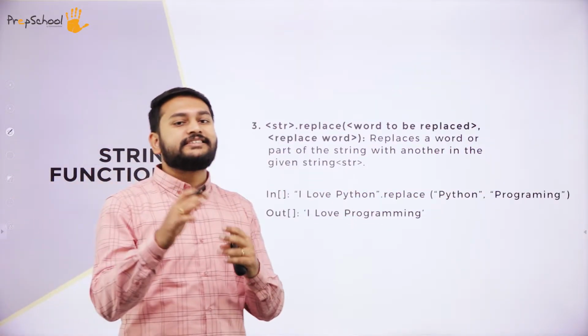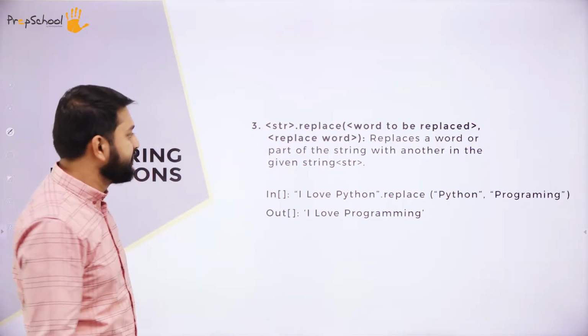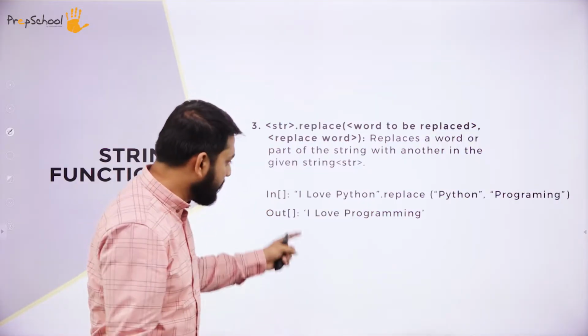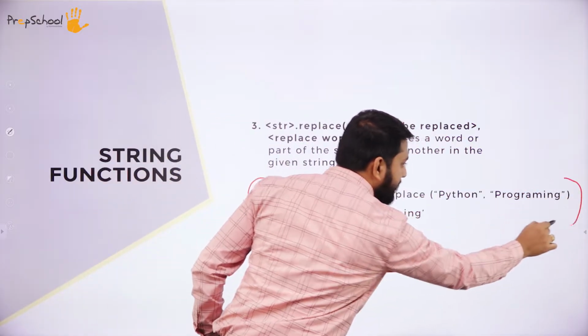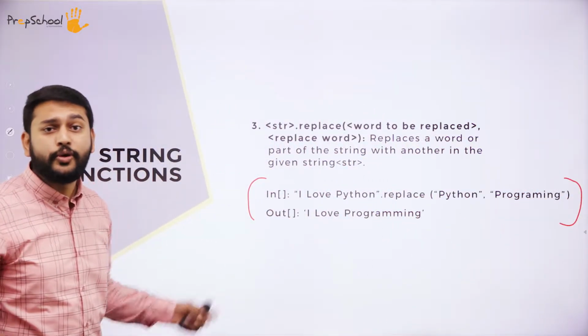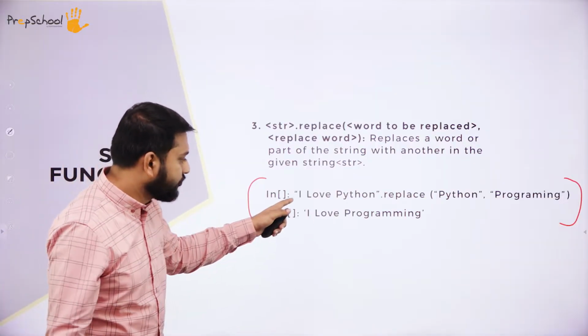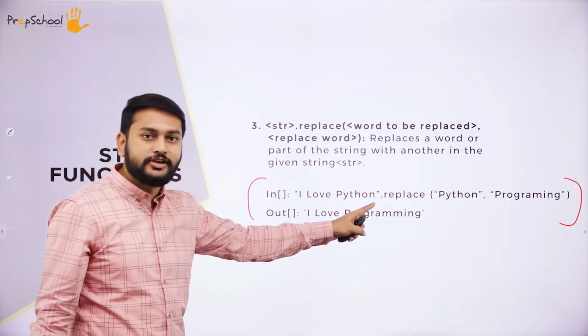What is the next function that I have? The next function is string.replace. Why do I use this function? If you just look at the example, you will get the concept. I don't have to explain this, the statement speaks. The string that I have is I love Python. I love Python dot replace.